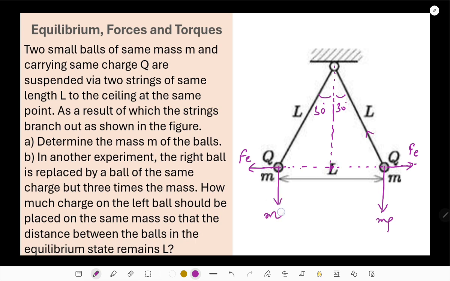Since Fe and mg are the same on both, tension is going to be the same in both strings. For the balls to remain in equilibrium, tension must be in a direction opposite to the direction of the resultant of the electrostatic force and the force of gravity. So this angle is going to be 30 degrees.